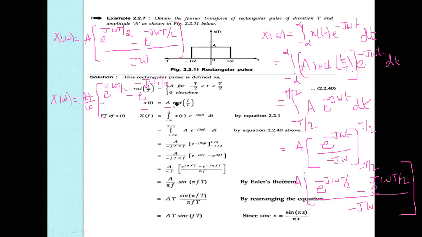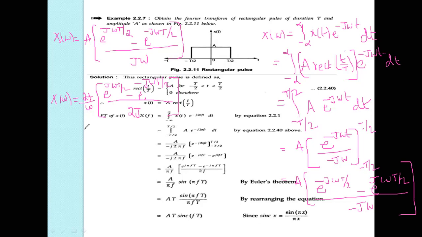Okay, whole divided by, since I multiplied the numerator by 2, I multiply the denominator also, 2j. Now observe here, it is in the form of e power jx minus e power minus jx by 2j.